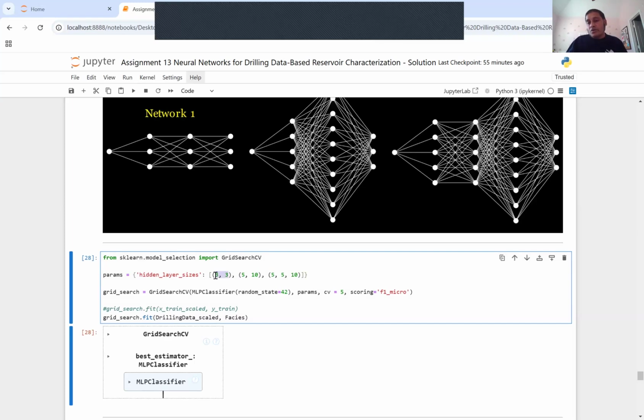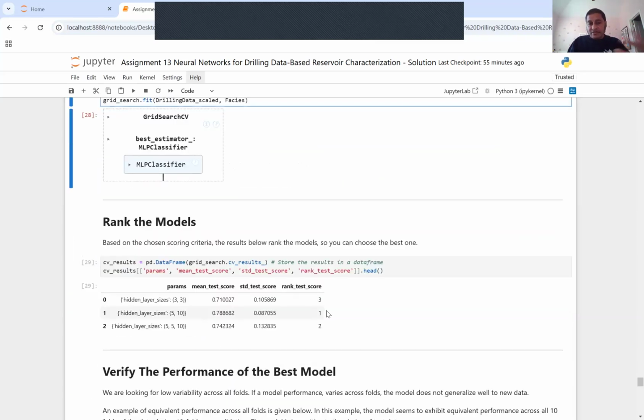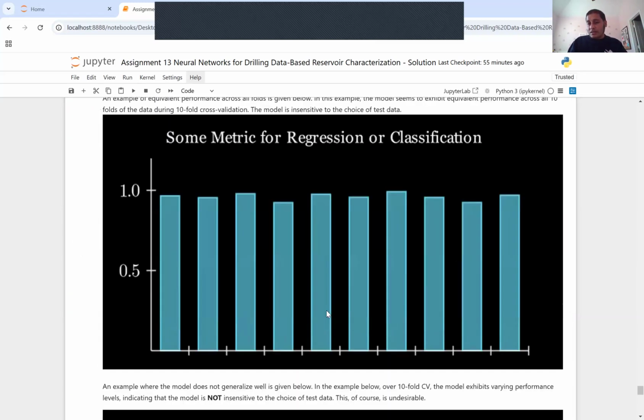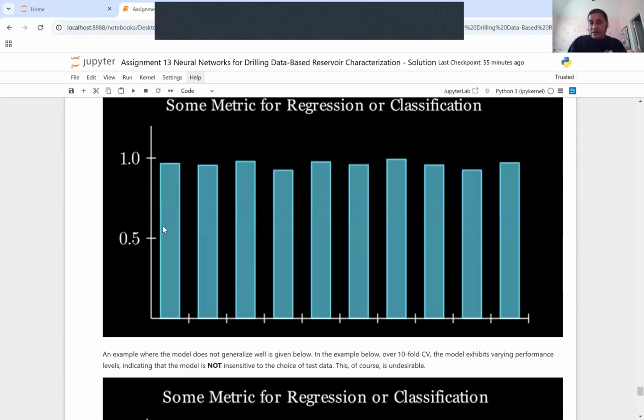So I'm probably going to explore models with a little bit more complexity, go through this process of 5-fold cross-validation, and eventually end up with a model that shows very less variability across all of the 10 folds. And that's the end of this specific discussion, where we applied neural networks to drilling data so that we can perform reservoir characterization tasks.